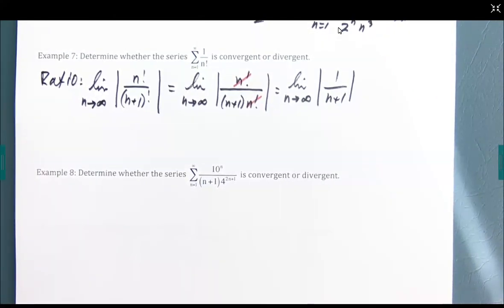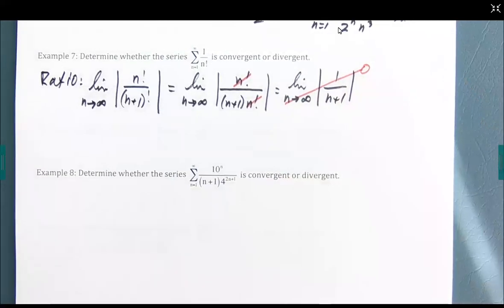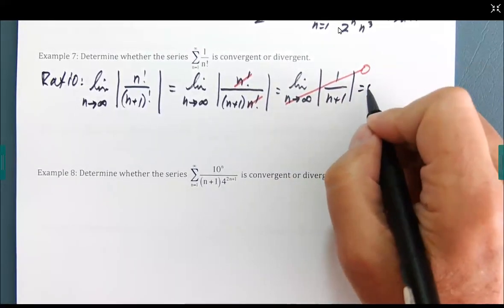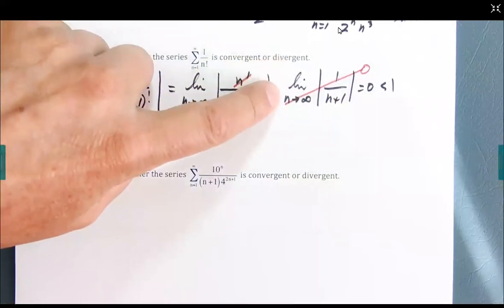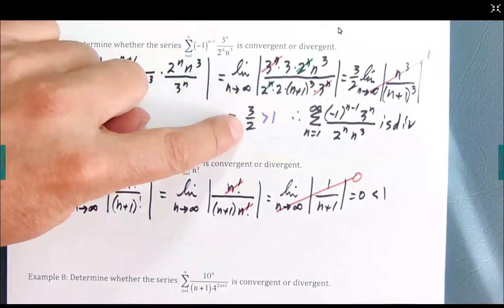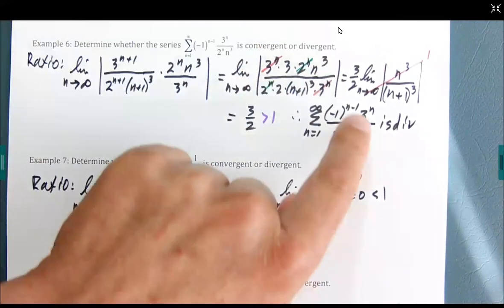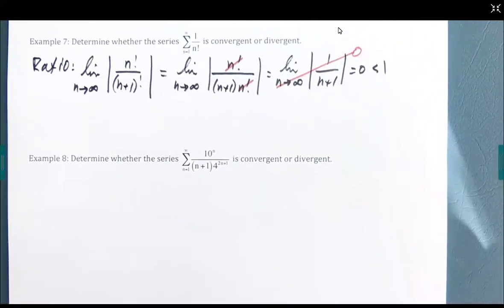In fact, that's as less than 1 as you can go. And even if I have numbers out here, like I had 2/3 before, or 3/2, pardon me, out in front, doesn't matter. If that limit goes to 0, the whole thing is going to be less than 1 always.